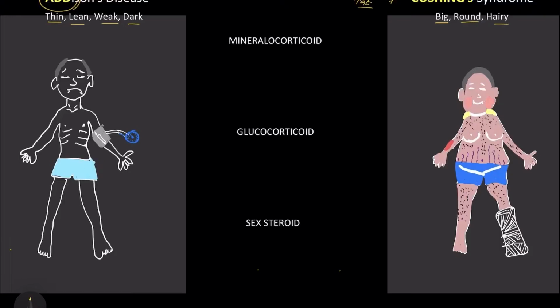Now we will discuss the clinical presentation of both of the diseases side by side for easy understanding and remembering of the clinical features of both of these diseases. First, coming to the features that develop due to abnormalities of mineralocorticoid secretion, namely aldosterone. In Addison's disease, the mineralocorticoid will be lowered, whereas in Cushing syndrome the mineralocorticoid secretion will be higher.